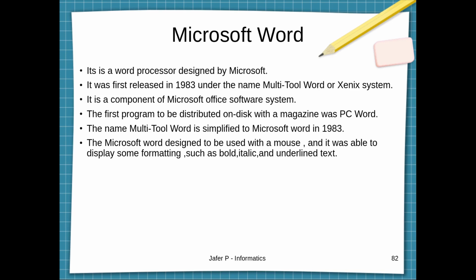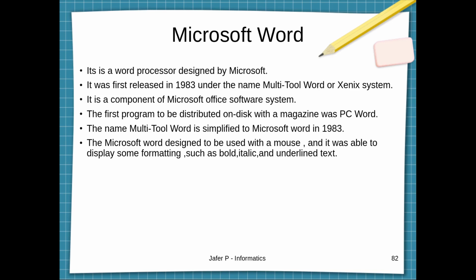This Microsoft Word was designed to be used with a mouse. You can use the mouse to format the text, right? And there are some formatting options also available in Microsoft Word, like bold, italic and underline. We are discussing the Word of 1983, not now.